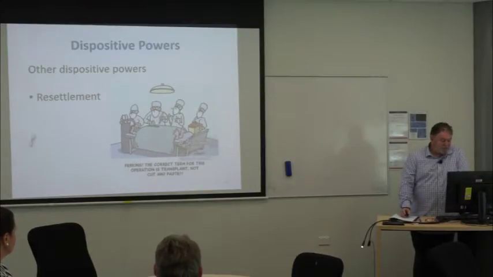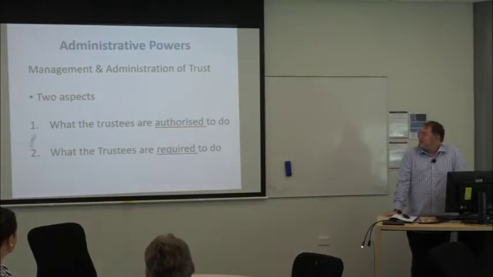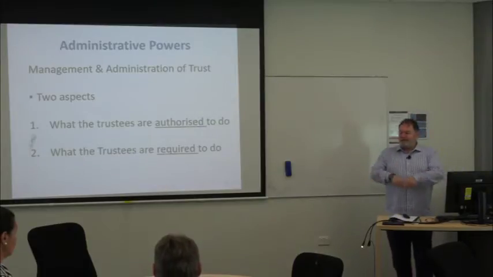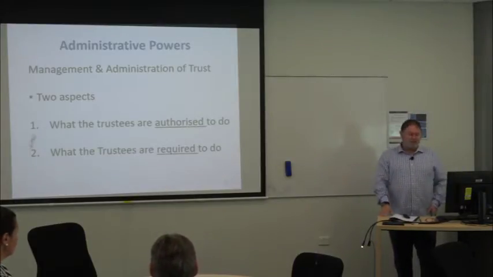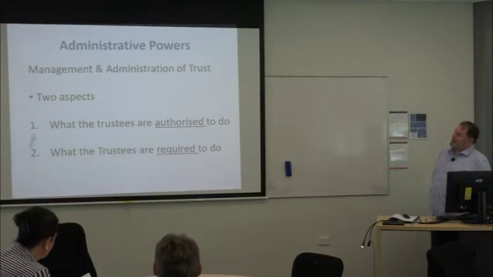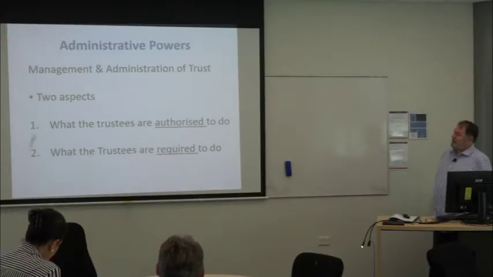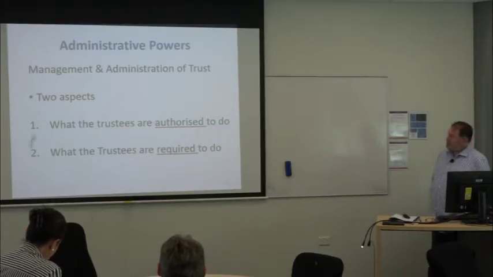So if those are the dispositive powers, the next exciting part is the administrative powers. And this is where we start peeling back the layers of the onion. We're getting down to the basics of the trust deed. I reckon there are two aspects to the admin and management of a trust: what the trustees are authorised to do, and what the trustees are required to do.